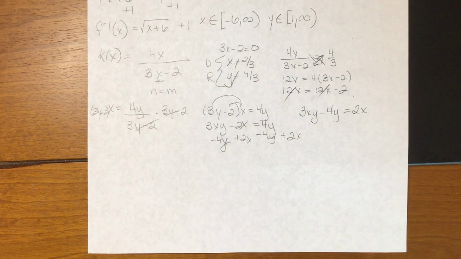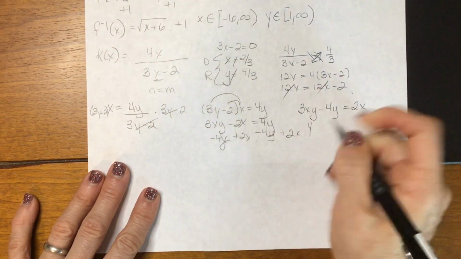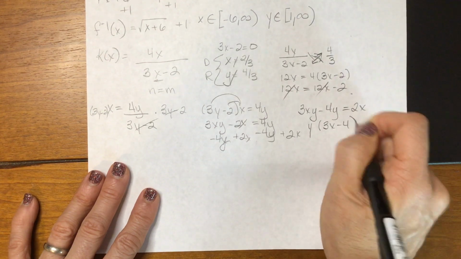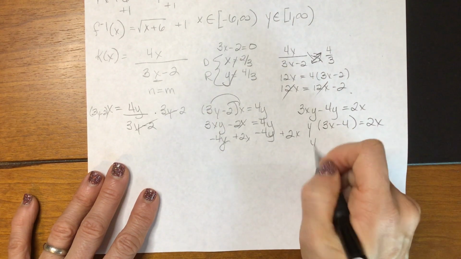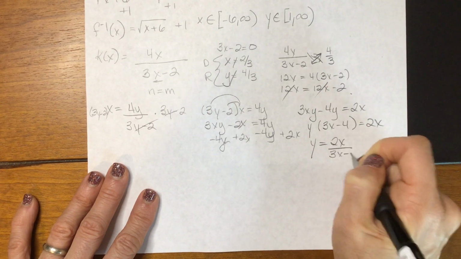And now I can get y by itself because I can factor it out. It is the greatest common factor on the left of the equal sign. So y times 3x minus 4 equals 2x. Divide both sides by 3x minus 4, and I get 2x all over 3x minus 4.